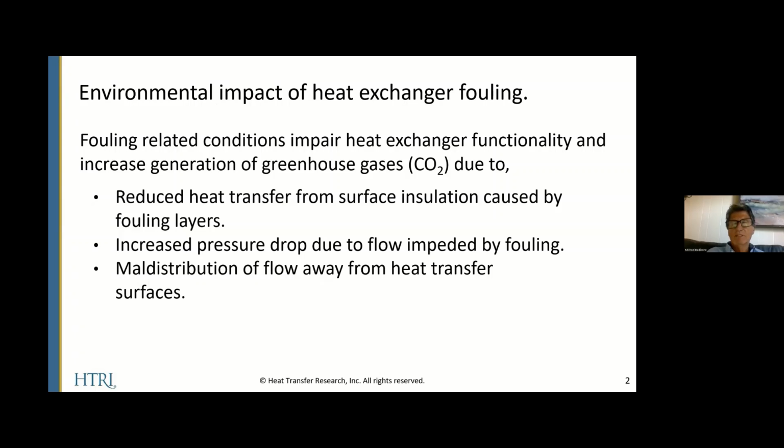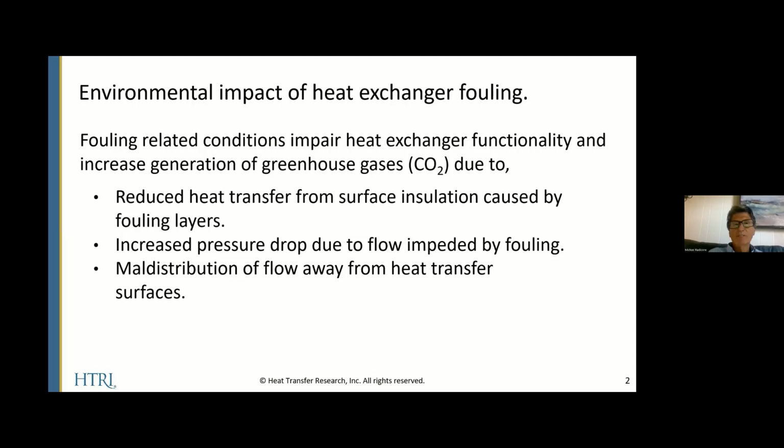One of the major concerns in commercial application or in industry today is that a fundamental device, as simple as a heat exchanger, could have a significant impact on the release of CO2 into the environment.